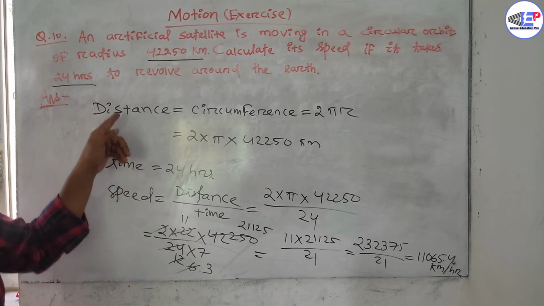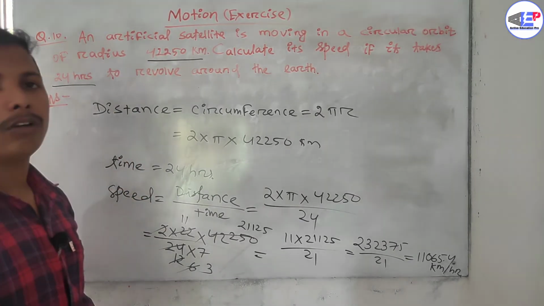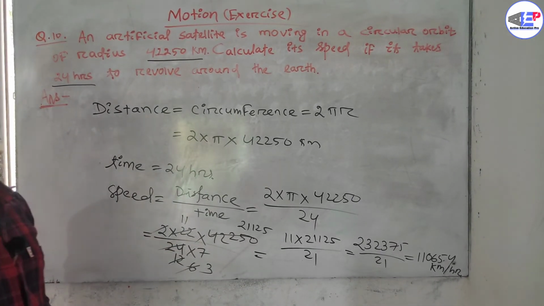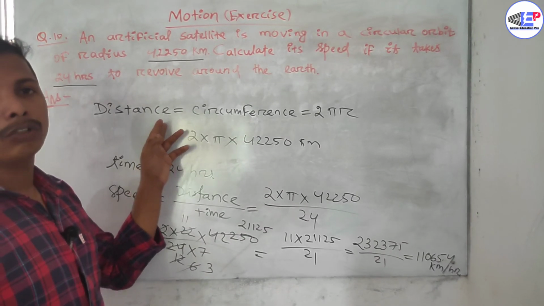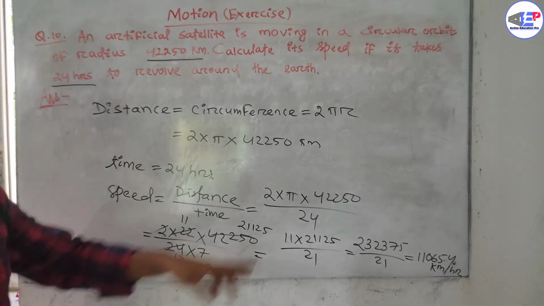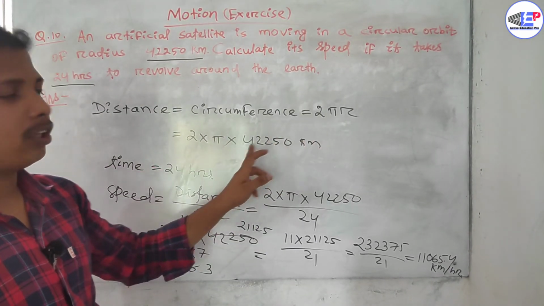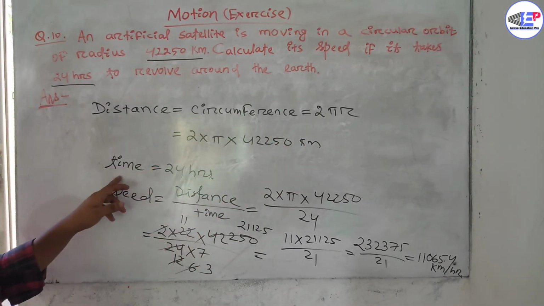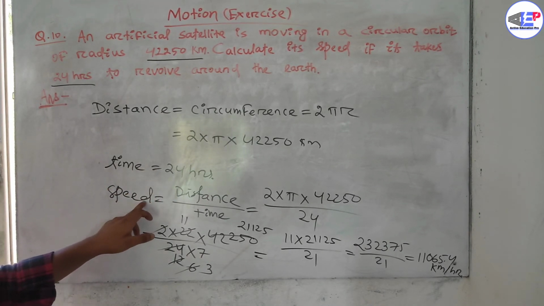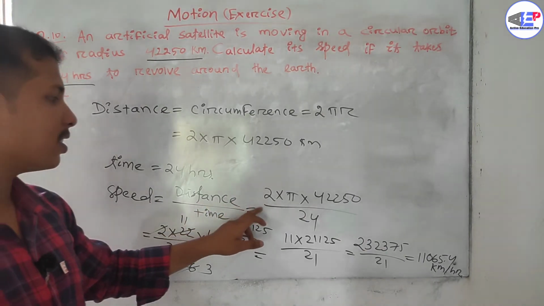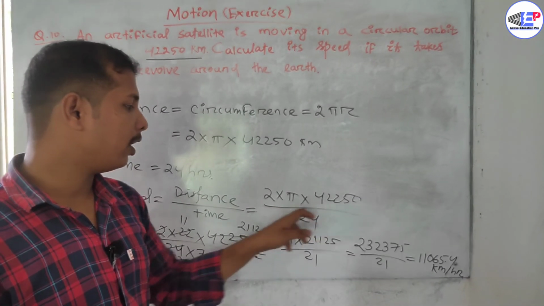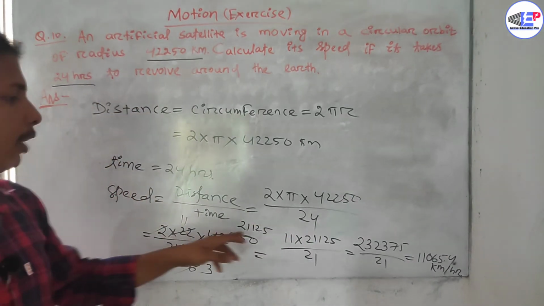When a satellite moves around in a circular orbit, the distance traveled by the satellite will be equal to the circumference of the circle. Here the circumference will be equal to 2 pi r, where r is the radius. So speed will be equal to distance by time. Here distance is 2 into pi into 42,250 divided by 24. By calculating, it will give 11,065.4 km per hour.